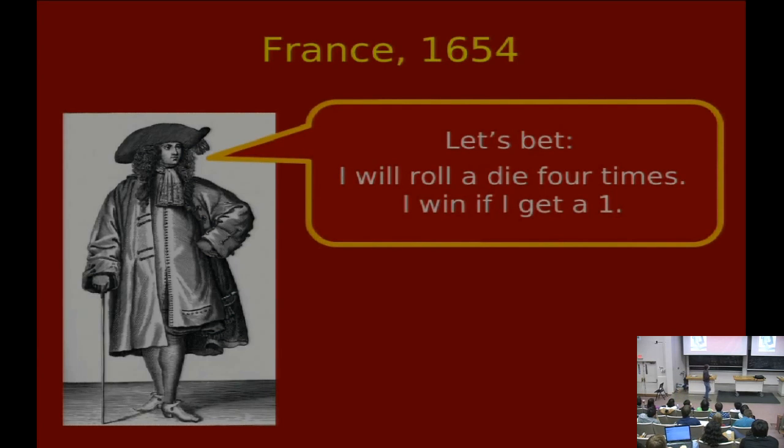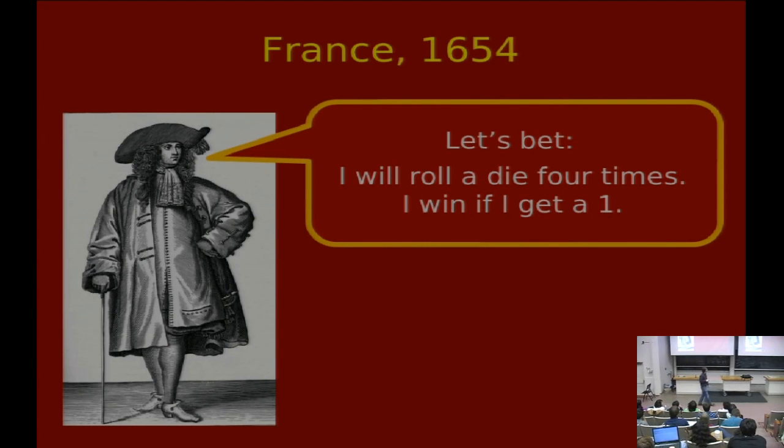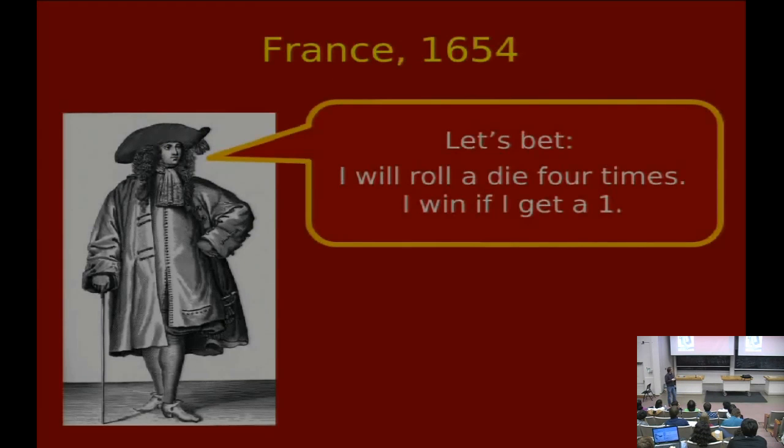So let's talk about his original gambling games, and we'll compute their probabilities. In his original gambling game, you roll a die 4 times, and he wins if he gets at least one 1. It's a little annoying to draw a whole tree because, how many outcomes are there here? Yeah, 6 to the 4, because he does 4 times something with 6 outcomes.